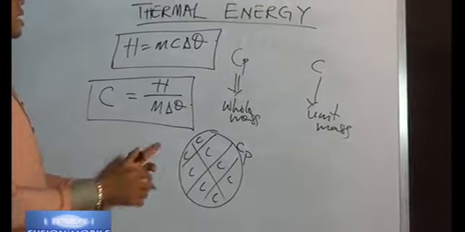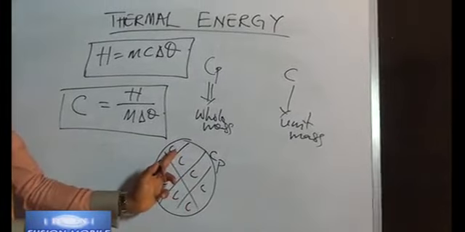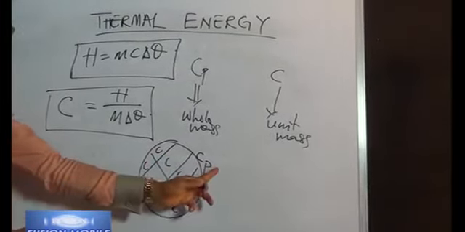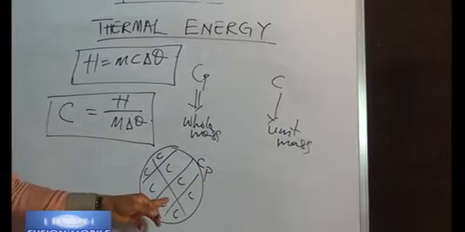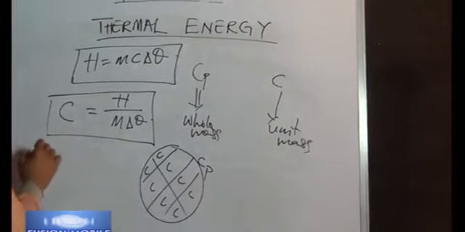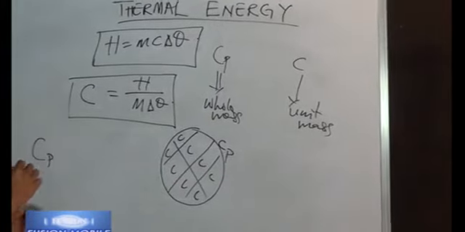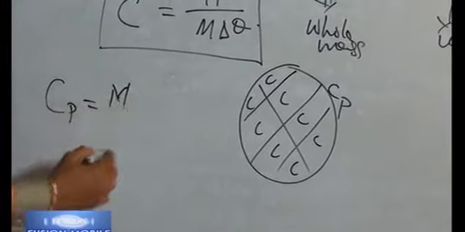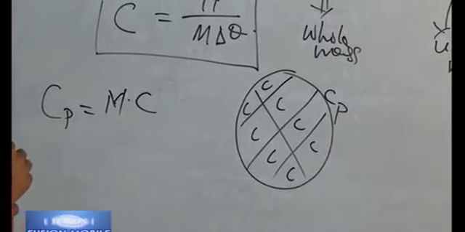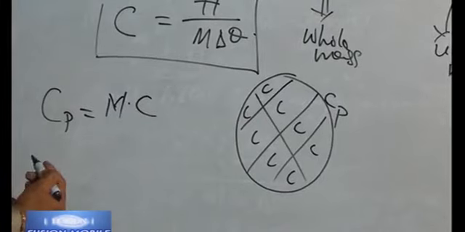If I count this, it's 8 in number. 8 C's is equal to 1 Cp. That means Cp equals 8 C's, and that 8 is mass. So I have the right to say that Cp, which is heat capacity, is equal to the total mass of the body times C, which is the specific heat capacity.